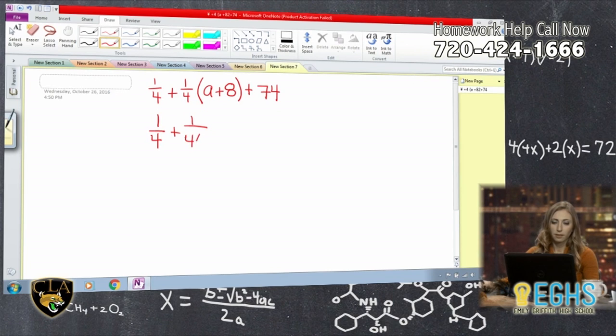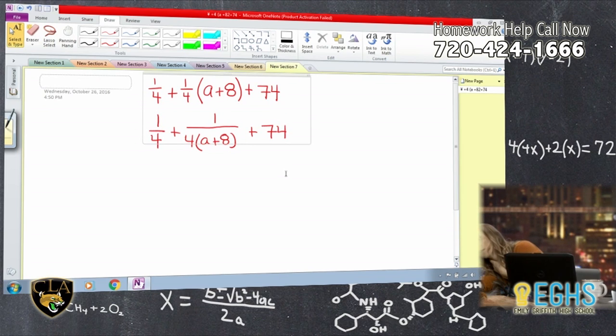I think that's what it's supposed to be, because technically they would put the 1 divided by 4 in parentheses if they wanted it to be 1/4 times a plus 8, assuming they're aware of the mathematical notation importance there. Then I just think about what we often do in algebra with common denominators.